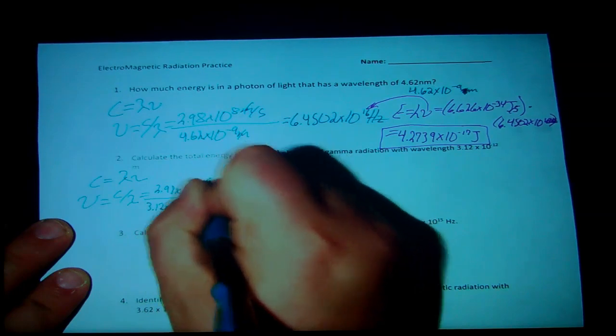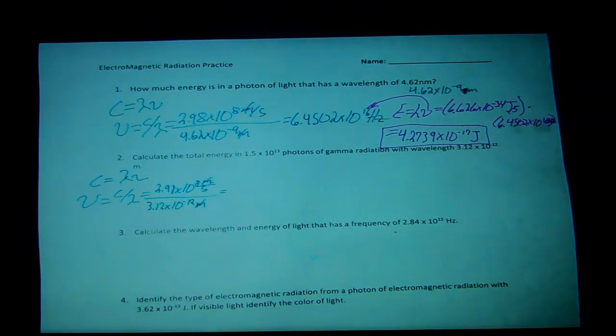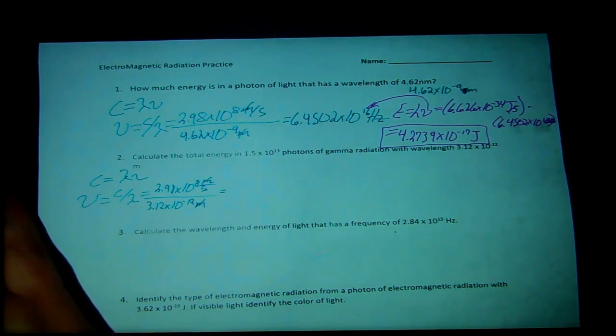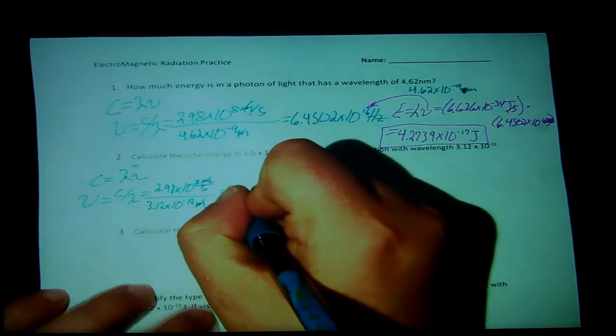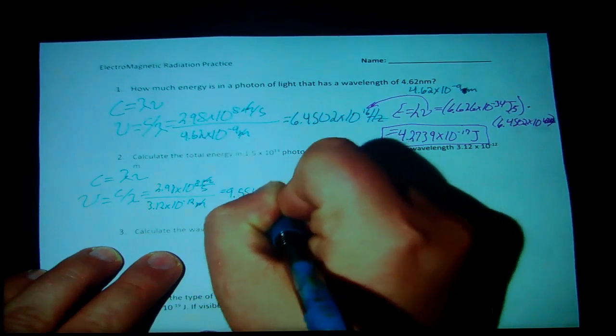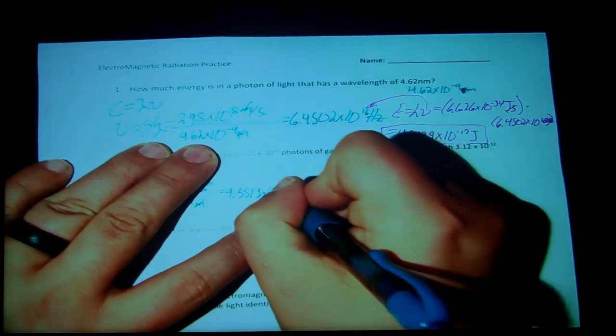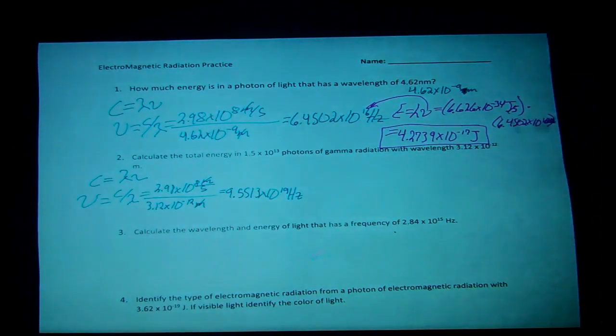So we're going to end up with 9.5513 times 10 to the 19th hertz. Then from there I've got to find energy.